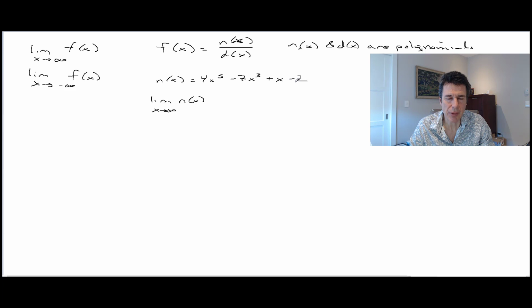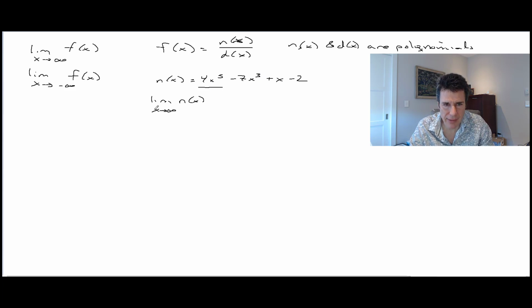If you think about those four numbers for a second, you'll notice that it's actually dominated by this 4x to the fifth. A million to the fifth is a much, much, much bigger number than a million cubed. And if it's not big enough for you, take 10 million or 100 million or a billion and take that to the fifth, and you'll see that that's much, much bigger than x cubed.